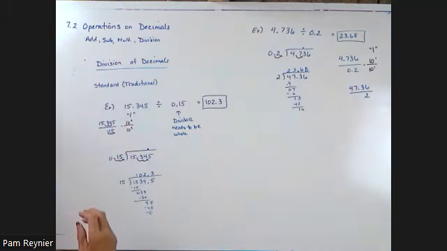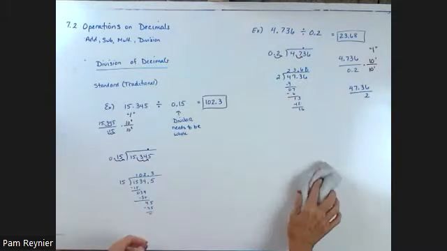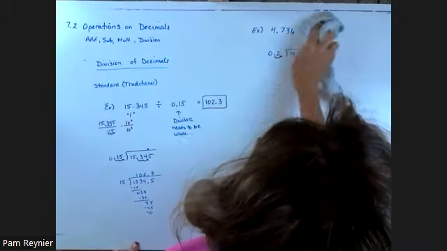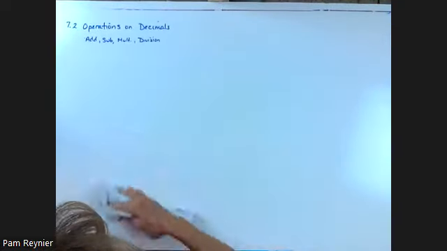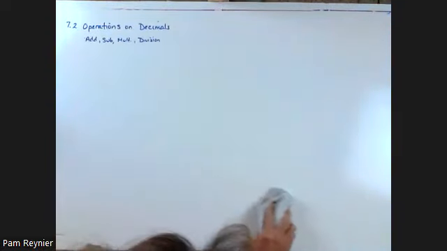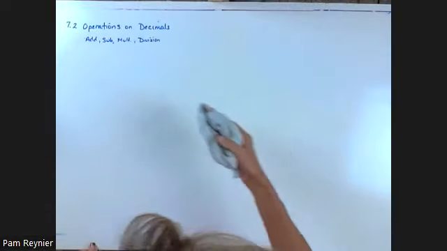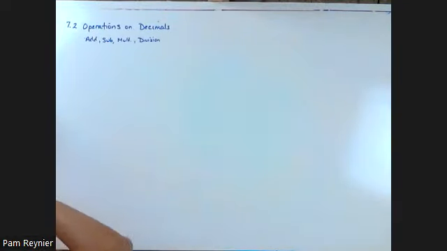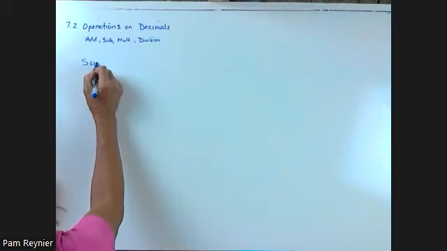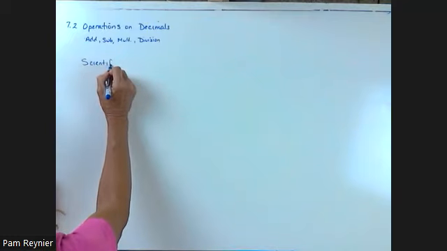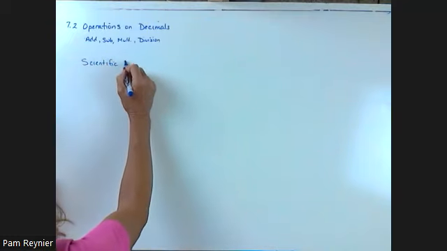We use scientific notation to represent very, very small numbers and very, very large numbers, and scientific notation is used in base 10.